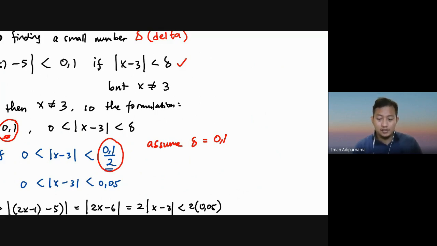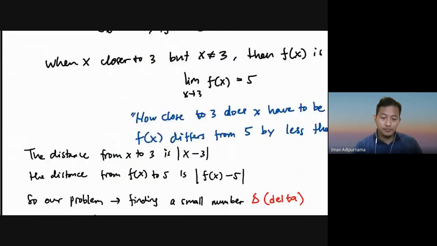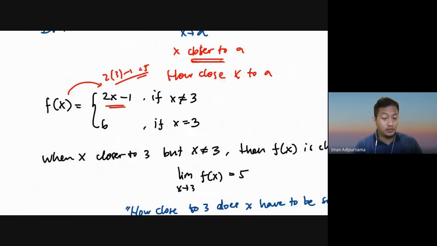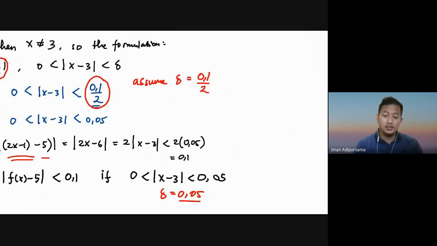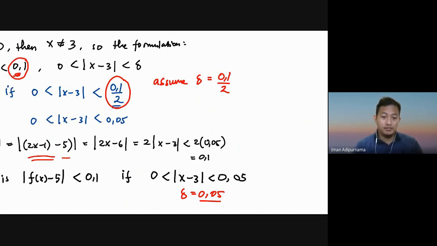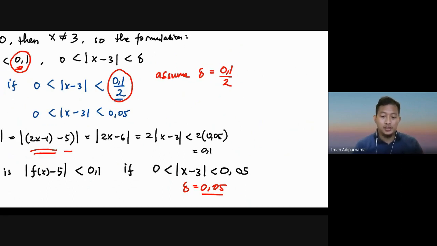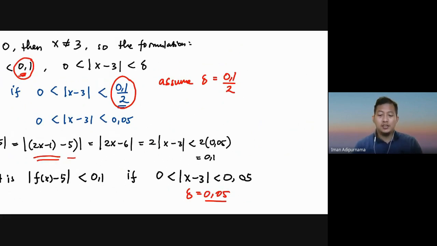So we tried 0.1 divided by 2, because we know the function is 2x minus 1. So we try multiplication by 2 or division by 2 for the delta, because the function is multiplied by 2. Let's divide by 2. By that assumption, the delta is probably 0.05.